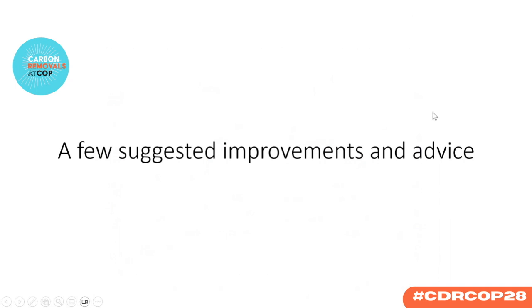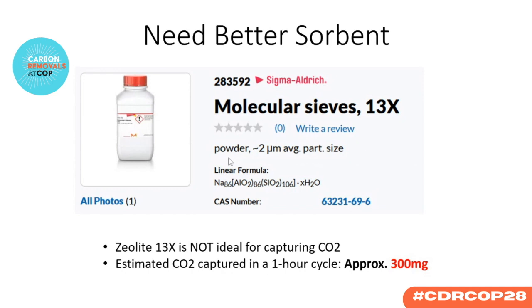The next thing I'm going to cover is, for the next people building something like this, if they follow the same architecture, some things I would recommend doing differently or improving. I've already mentioned this: we need a better sorbent. And that is the primary one, right, David? It's just that the water absorption gets in the way and almost preempts CO2 absorption. That was the big problem, right? That's right.